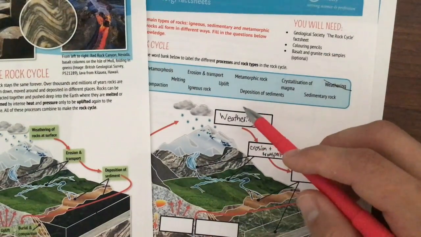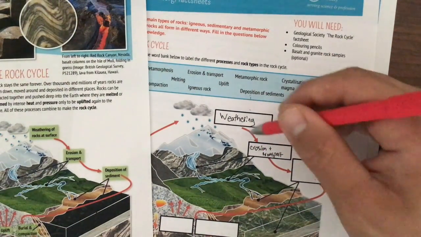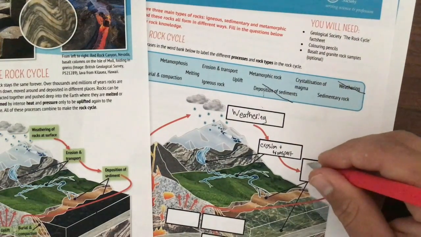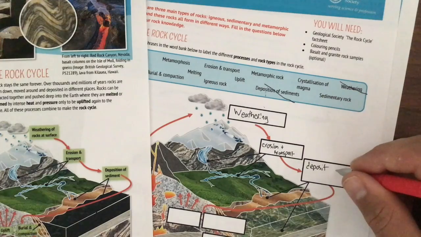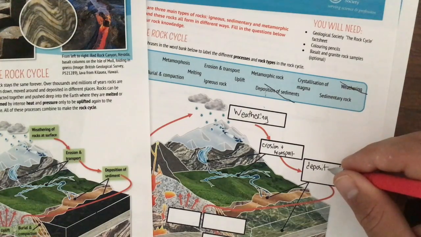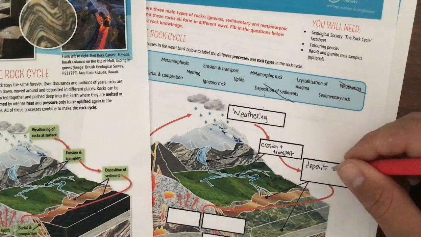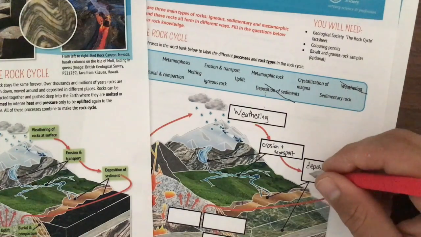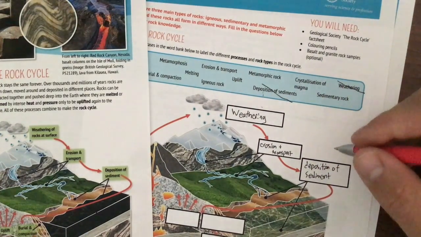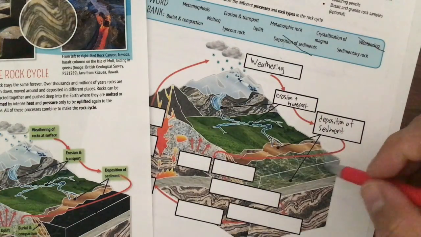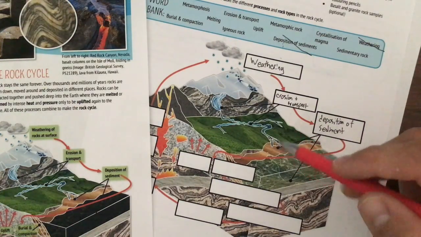Deposition of sediments. Yep. If you deposit something, you're leaving it there. If you deposit money in the bank, you're leaving it there. So this is when the rock gets left there from the water.